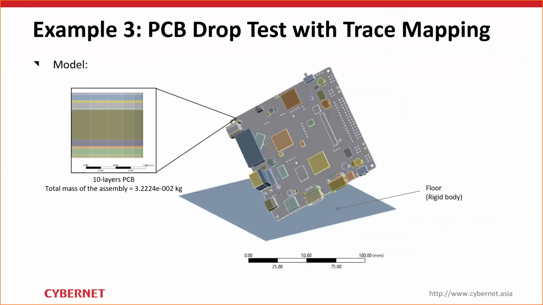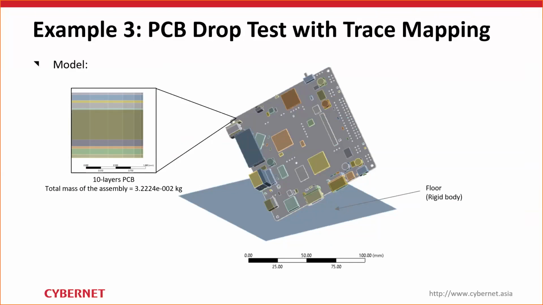So this particular PCB is a 10 layers PCB. The total mass of this assembly is around 32 grams. So not hugely heavy or not really ultimately light, somewhere in between, I suppose.